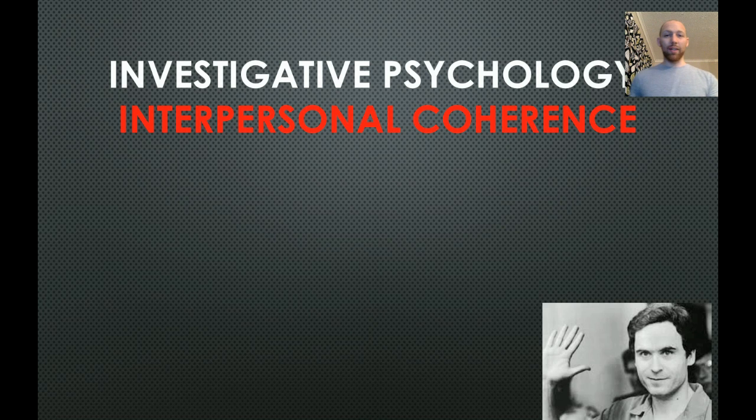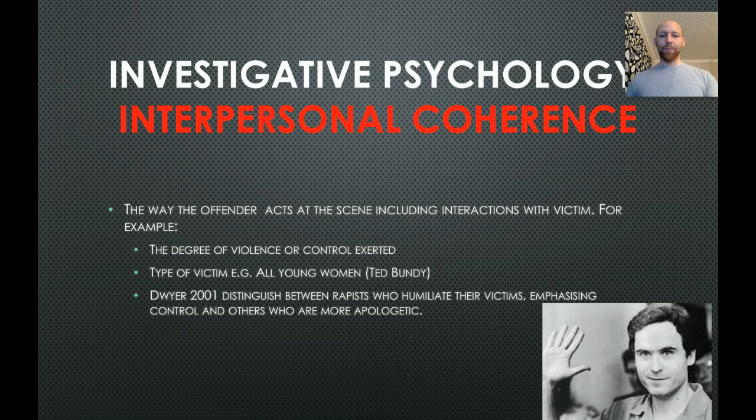Investigative psychology then, interpersonal coherence. One of the key features of this approach is interpersonal coherence. This refers to the idea that the offender should behave the same way when committing a crime as they do in everyday life. So a violent offender who commits a violent crime should be a violent person in their personal life.